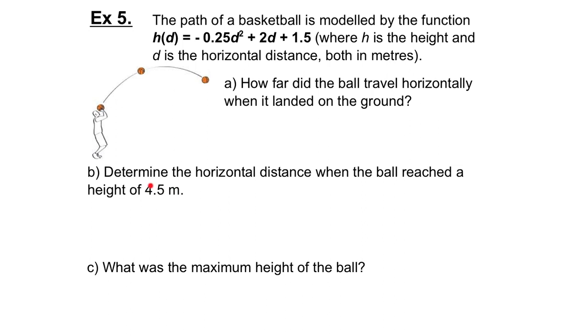So here we know height, we're calculating distance. And lastly, what was the maximum height of the ball? You have to think about where that would be on the graph and how to find that point. So we're putting some ideas that we've talked about in previous lessons together with what we talked about in this lesson. So you can pause the video and see how much of this you can do on your own.